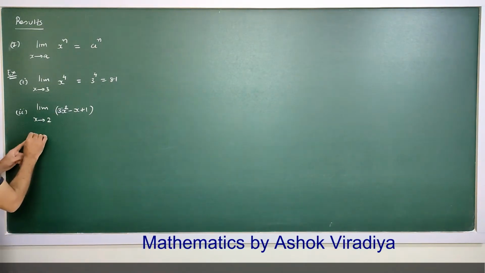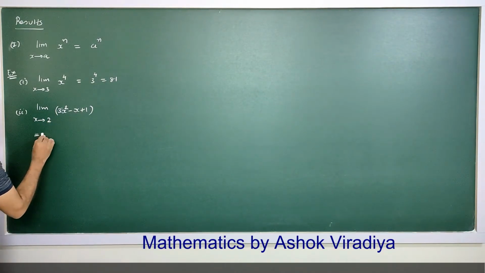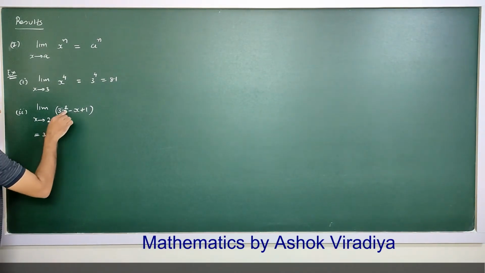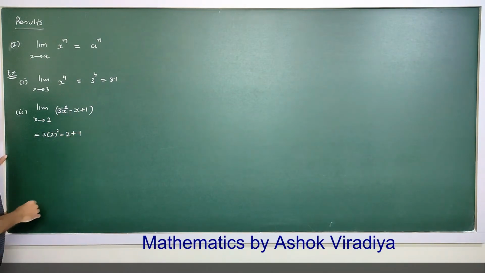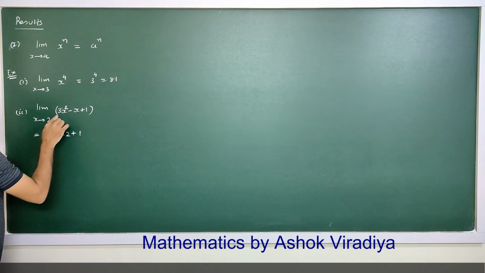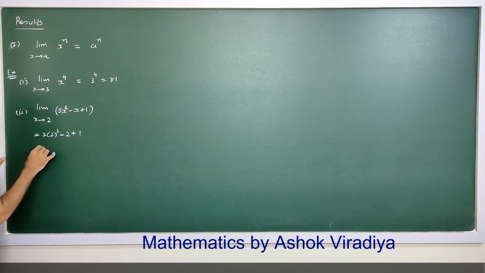So to find its limit, replace x equal to 2. So 3 into 2 square minus 2 plus 1. This is 4 into 3, 12. 12 minus 2 plus 1, 13 minus 2, that is 11.